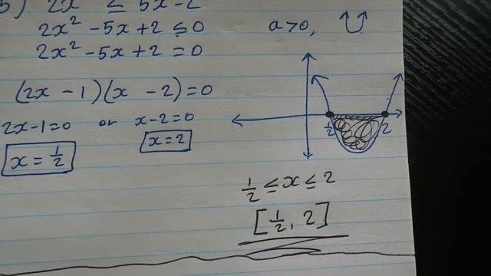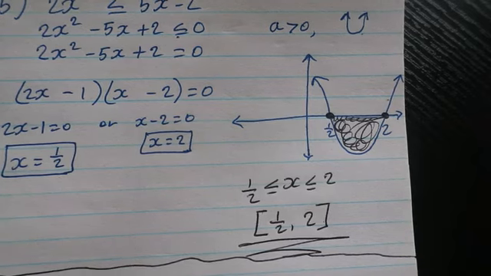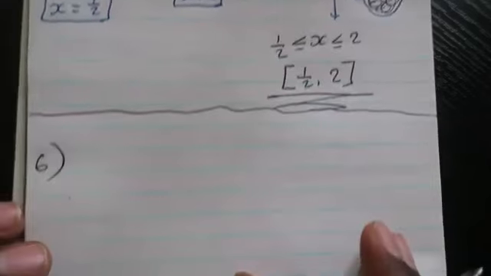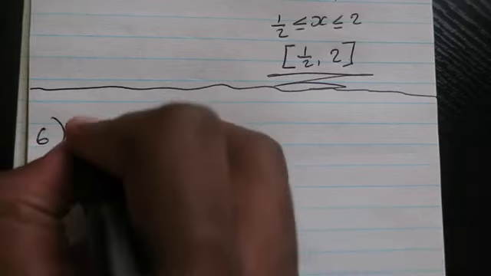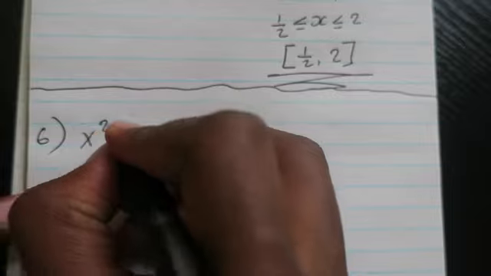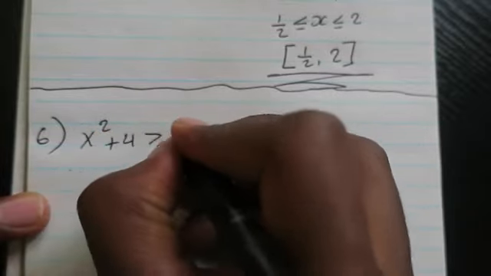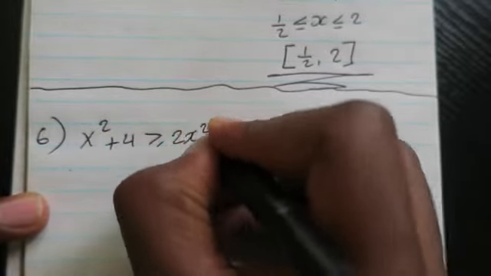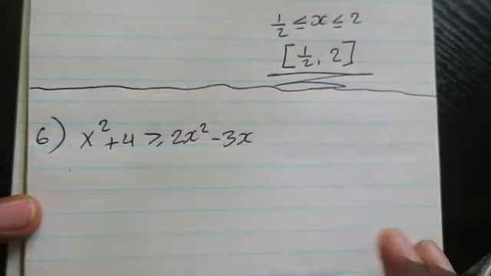And I'll do one more. Let's try problem number 6. x squared plus 4 is greater than or equal to 2x squared minus 3x.